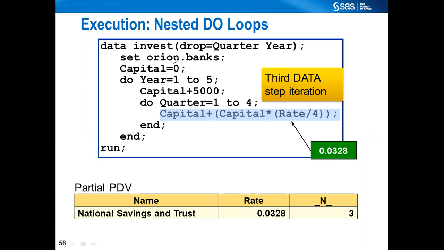So for the next observation, you have to initialize your PDV for capital to 0 before entering the loop. That is why it's given separately before entering the loop. Otherwise it will add up. Correct, because it's a separate branch.